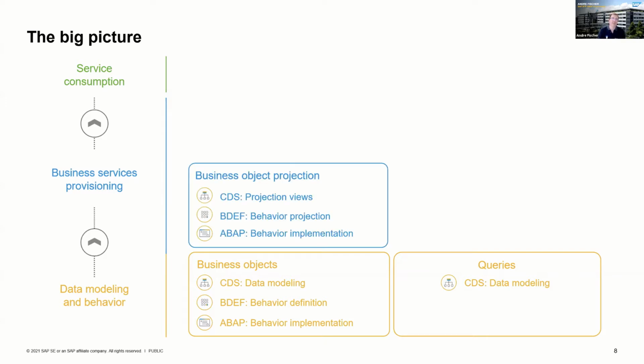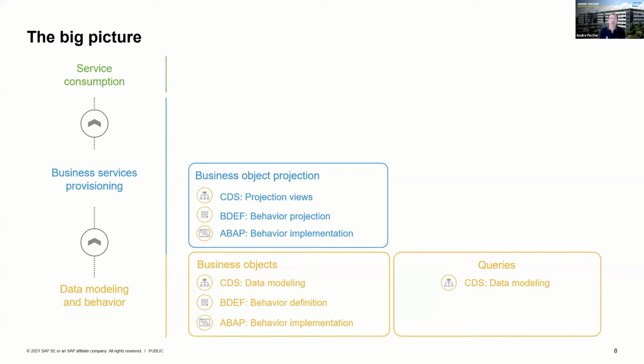Then on top of this interface layer, as we call it, we have a business object projection layer. So for each CDS view, you are going to build a projection view that will either publish all parts of the business object, or you can decide only to publish certain parts of the business object.